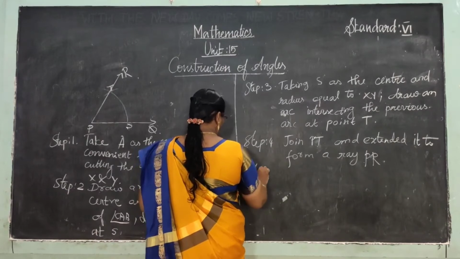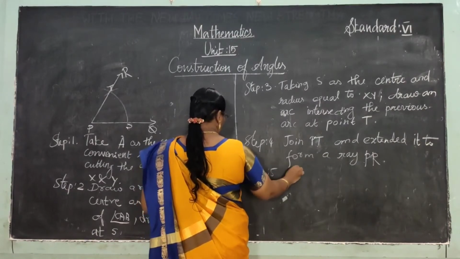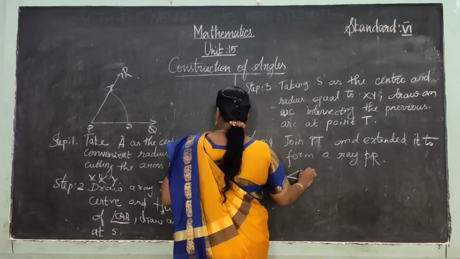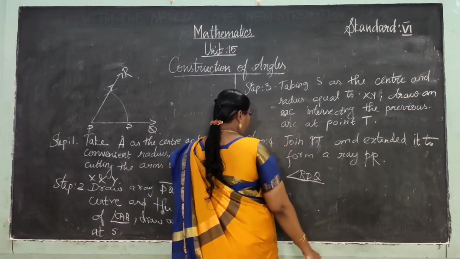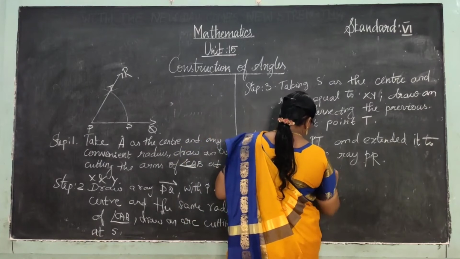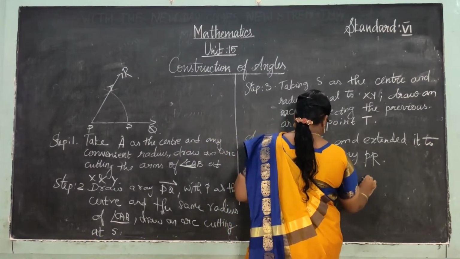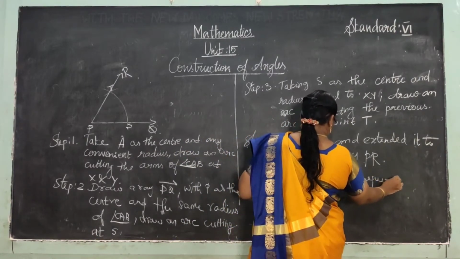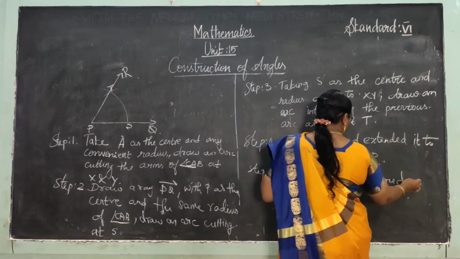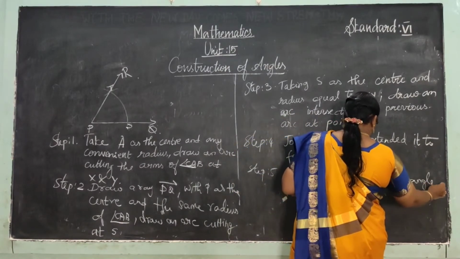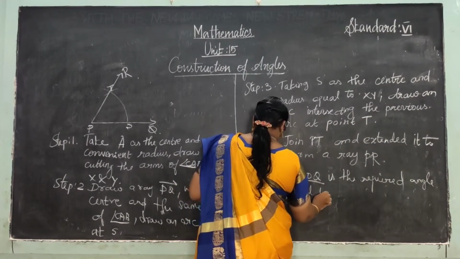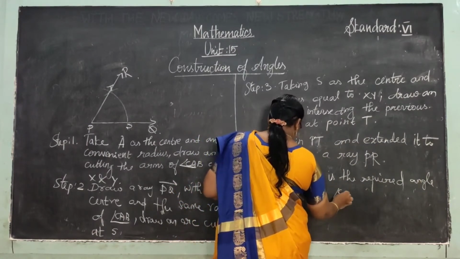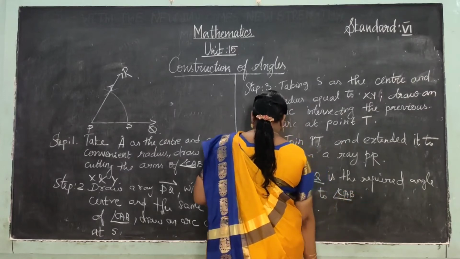Step 5, angle RPQ is the required angle equal to angle CAB.